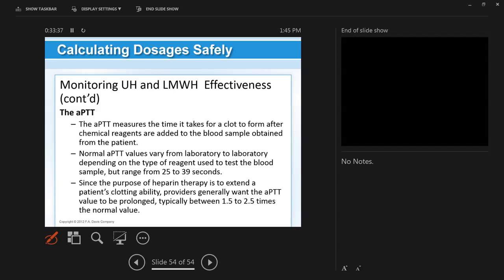And so typically we see that when someone's on heparin, they're going to have a value of 1.5 to 2.5 times that normal value of 25 to 39. And this is often clearly identified on your orders as to what your target PTT would be for your specific client and the client-specific condition.